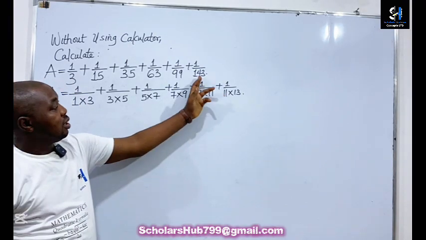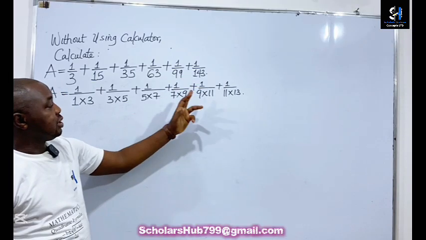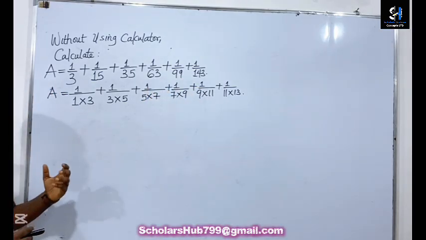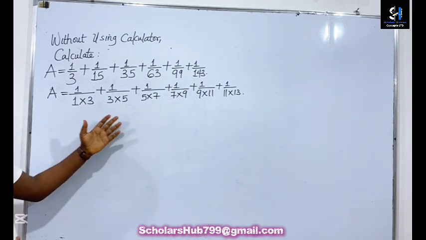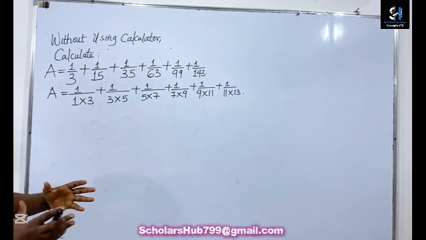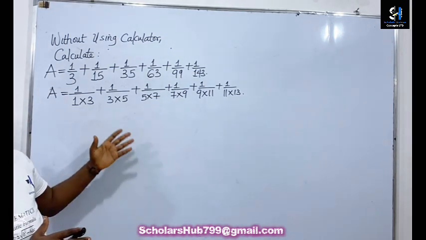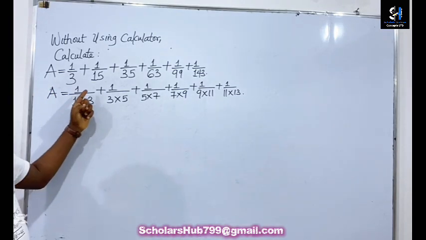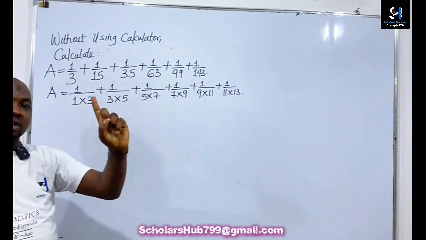These give 3, 15, 35, 63, 99, and 143. So we can write a general rule for this pattern, because the numerator for each fraction is 1.